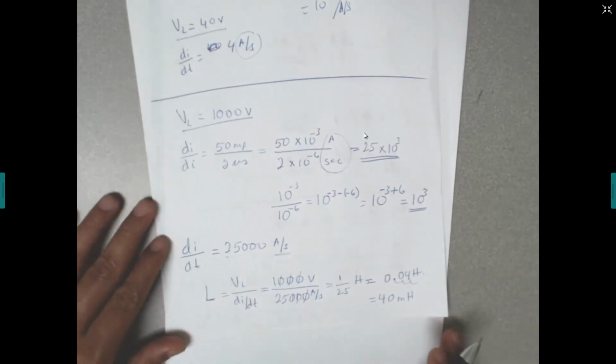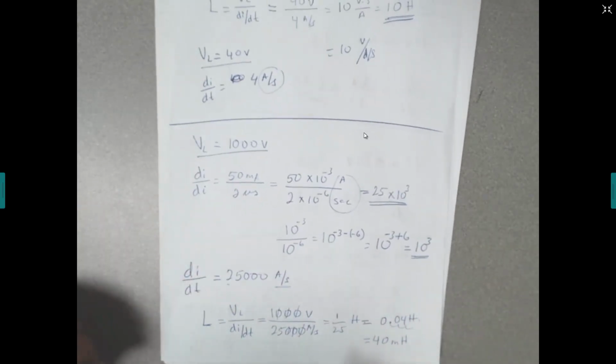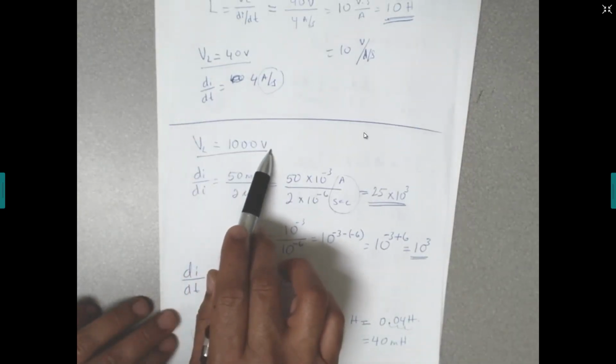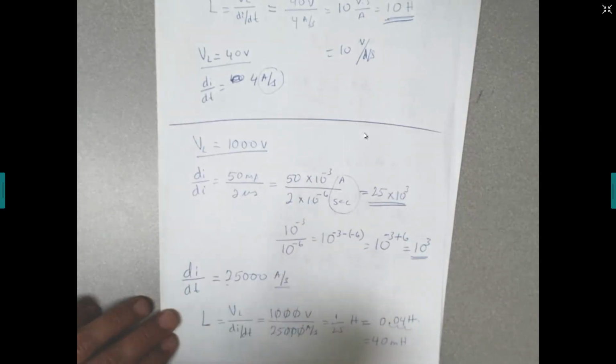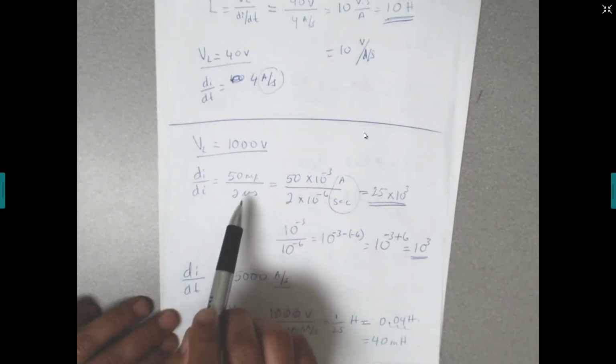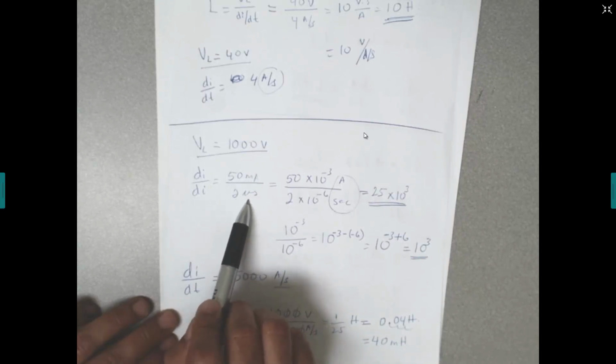Okay? Let me recap this problem, review this problem again. The problem says, how much is the inductance of a coil that induces 1000 volts when its current changes at a rate of 50 milliamps in 2 microseconds.